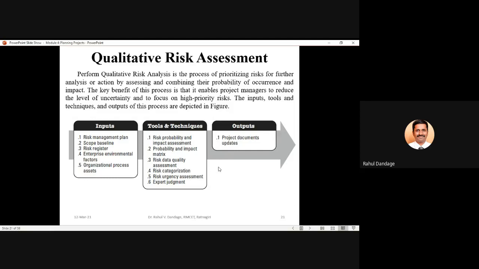The key benefit of this process is that it enables the project manager to reduce the level of uncertainty and to focus on high priority risk. So the project manager will be very happy if the qualitative risk analysis is done at a very micro level, because this is going to help him to reduce the level of uncertainty.